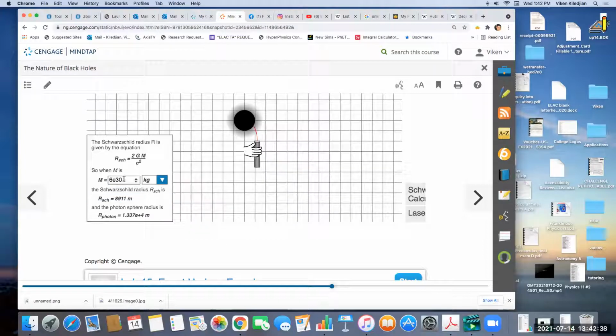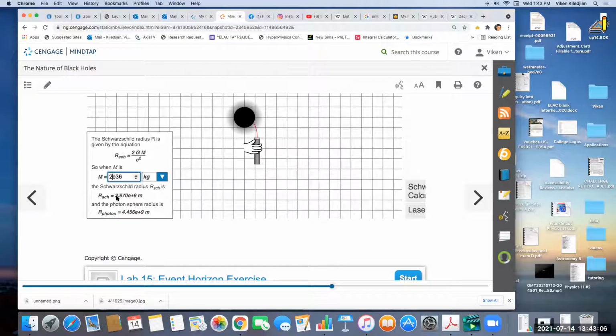But now if you go to a lot heavier than the mass of the sun, for example the supermassive black holes at the centers of galaxies, they can be 1,000,000 times heavier than the sun. So this would be 2 e to the 36. That black hole is exactly 1,000,000 times heavier than the sun. That's called a supermassive black hole.